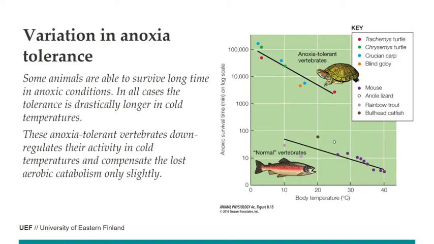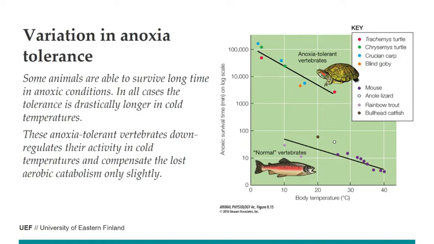The crucian carp also doesn't even try to keep the metabolic rate at the same level as during the summer, but it reduces it for the wintertime. It doesn't eat at all, and so on. So it's reducing it even in normoxic conditions, so it doesn't have to modify the metabolic rate so much during the anoxia.